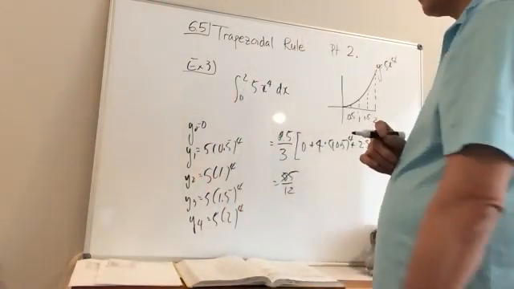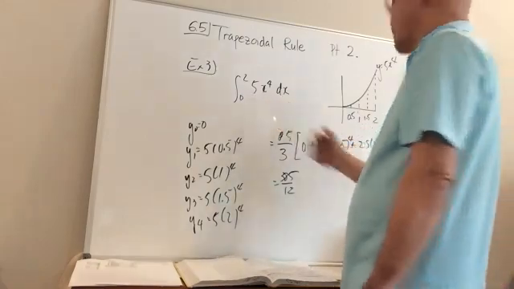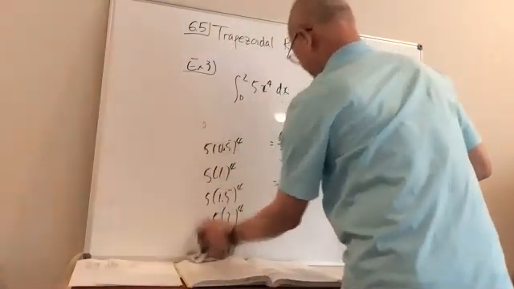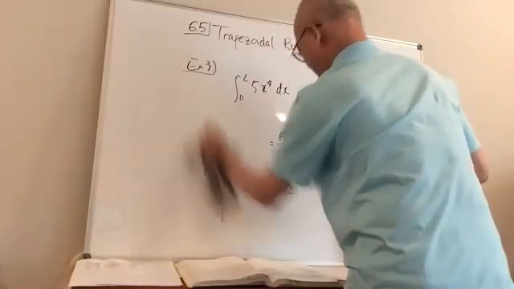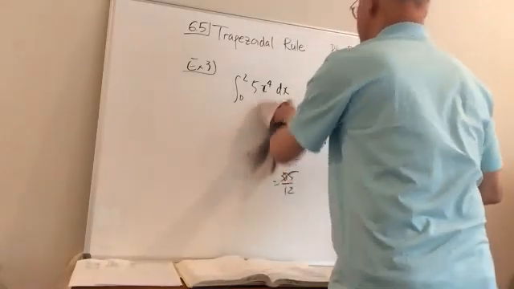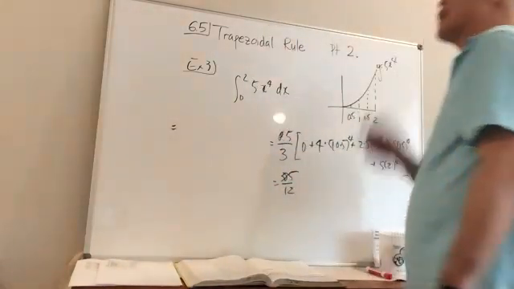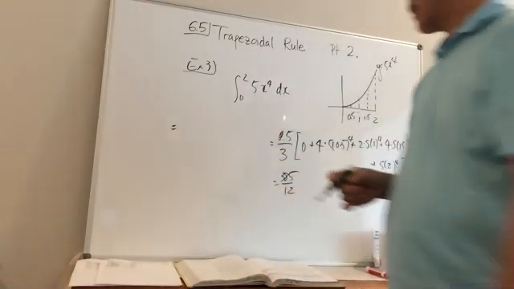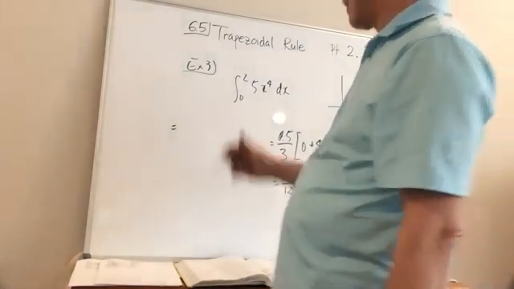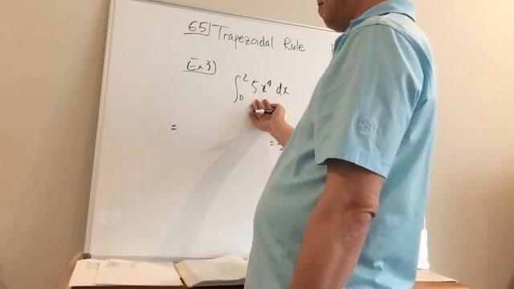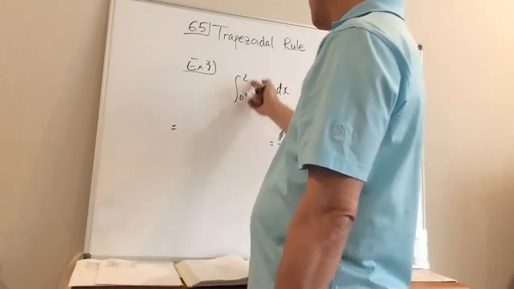If you were to do this algebraically, what would you get? How would you do this? Lauren, how do you do this algebraically? Wouldn't you just take your integral from 0 to 2?